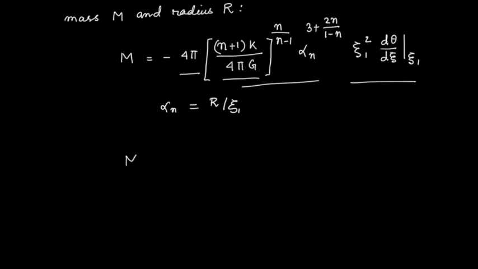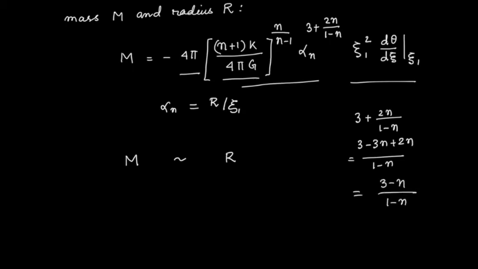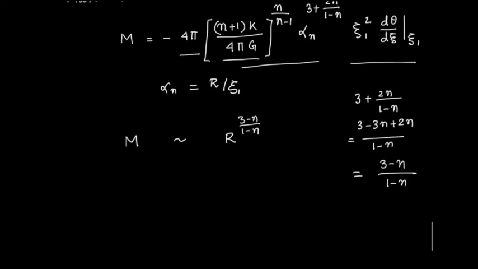So we get now that the mass and the radius have to be related this way, r to the power, so 3 plus, let's do the math here, 3 minus 3n plus 2n, which is 3 minus n by 1 minus n. Or more precisely, I can write it in the following manner.